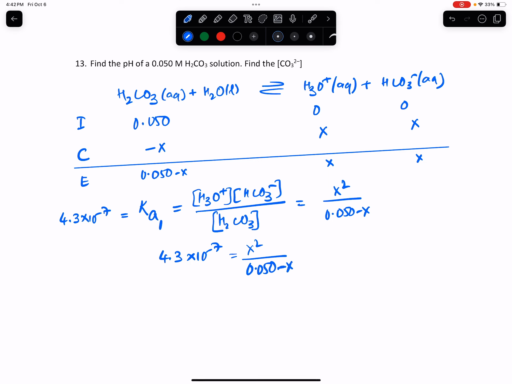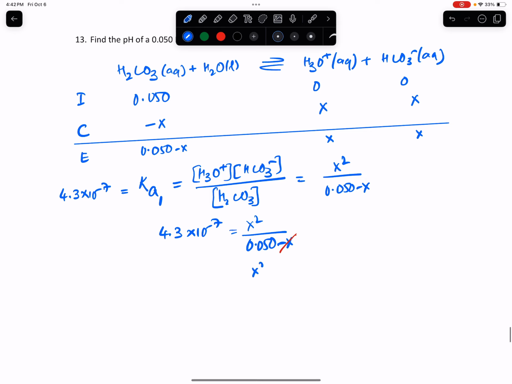At this point in time, we're going to assume that x is really small, and with that assumption, we're going to solve this. So we get x squared is equal to 2.15 times 10 to the negative 8. So x is equal to 1.46 times 10 to the negative 4.